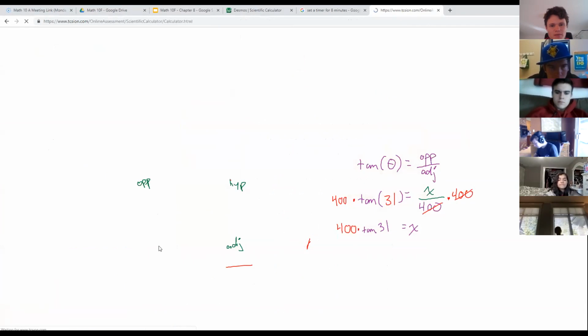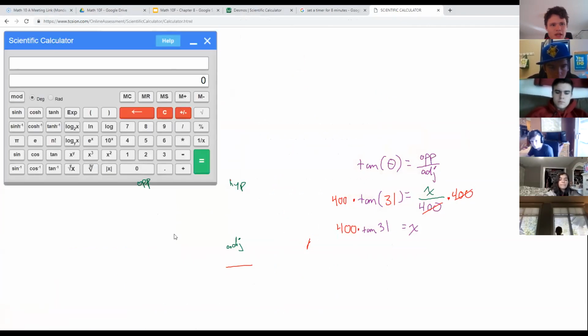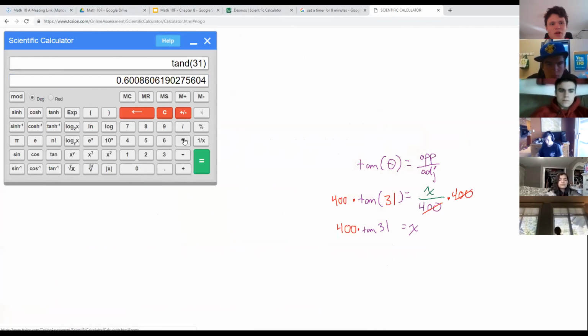You might have a calculator that looks something like this. What you might have to do is first type in 31, and then hit that tangent button. It gives you a decimal number, and then you can multiply that by 400. We get an answer of about 240.